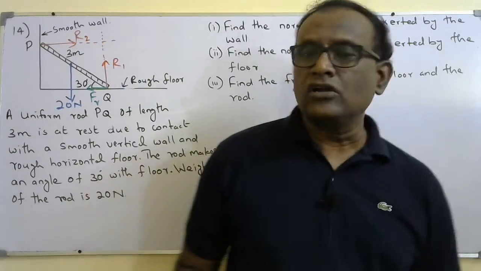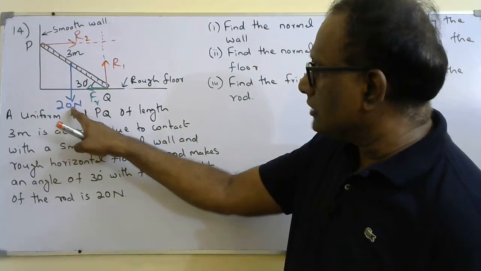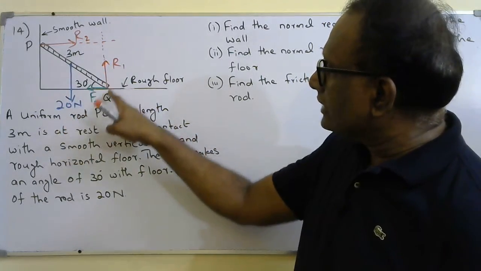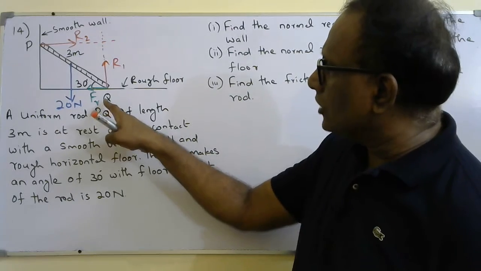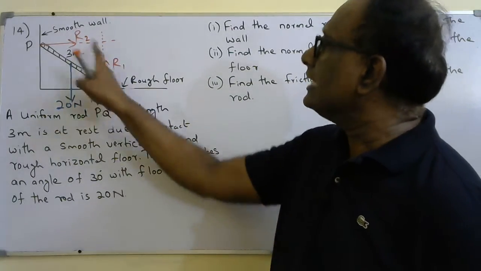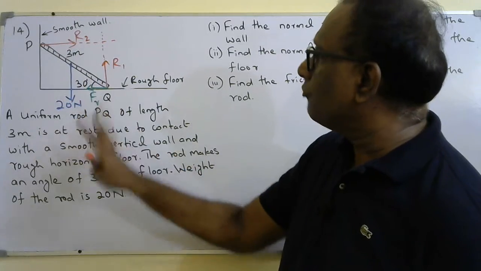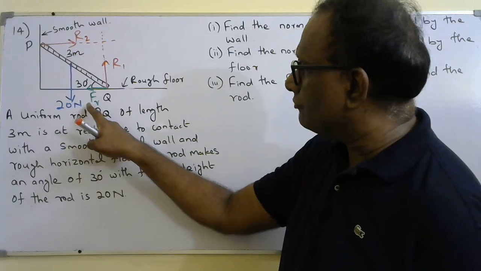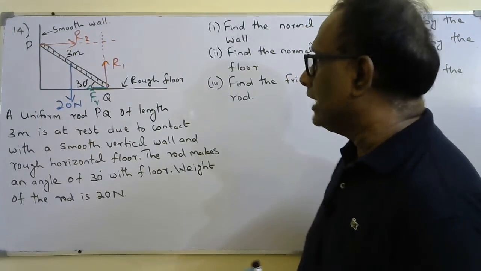If I try to resolve horizontally, the weight has no horizontal component because it is a vertical force. R1 is vertically up. Only the horizontal forces are Fr and R2. So there are only 4 forces: R2, 20 Newton vertically down, Fr to the left, and R1 vertically upwards.